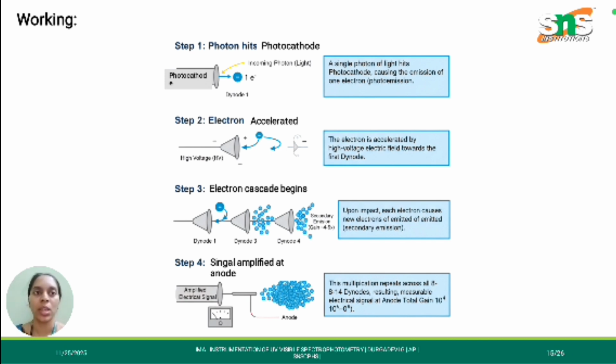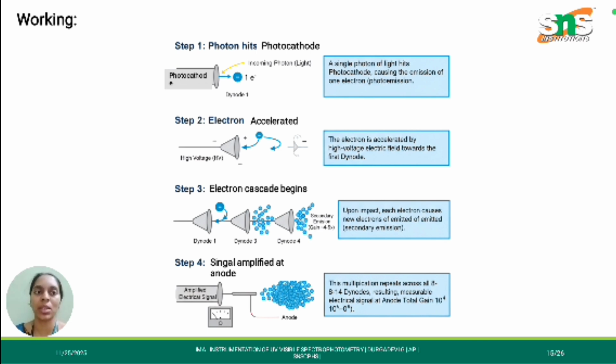The photocathode will be located at 180 degrees to the light radiation that is emitted from the sample cell. And as the light radiation hits the photocathode, the cathode will emit one electron.